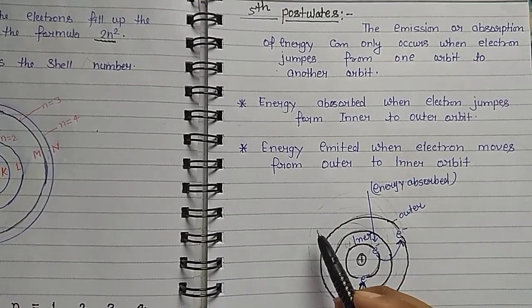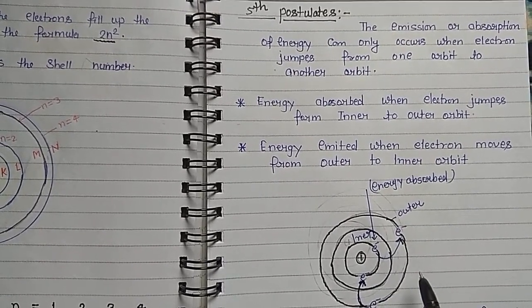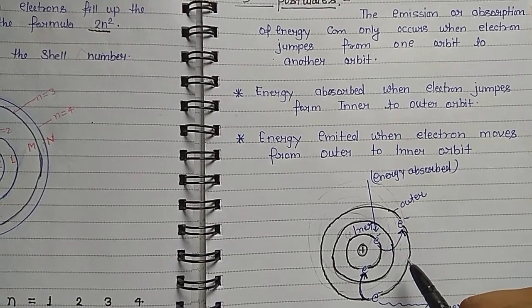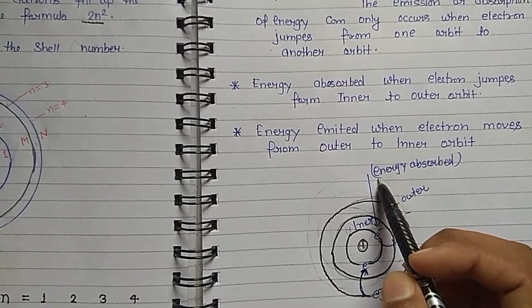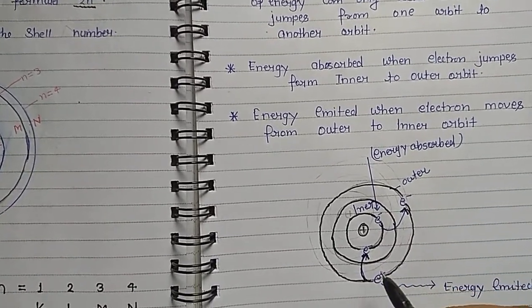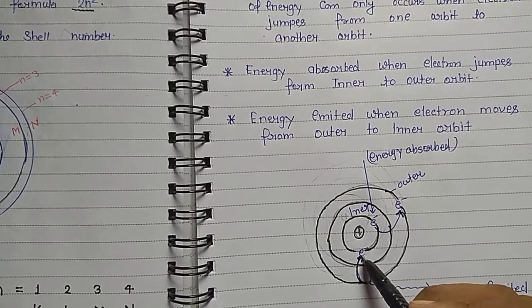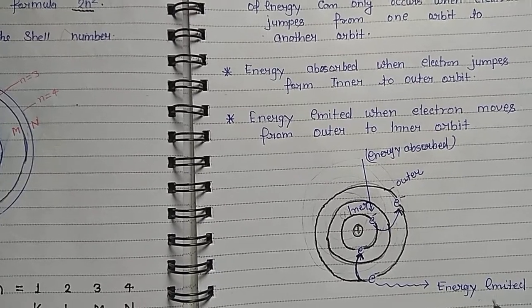Now it is clear that the electron does not release energy continuously, but when an electron jumps from inner to outer, the electron absorbs energy. But when an electron moves or jumps from outer to inner orbit, then the electron releases energy.